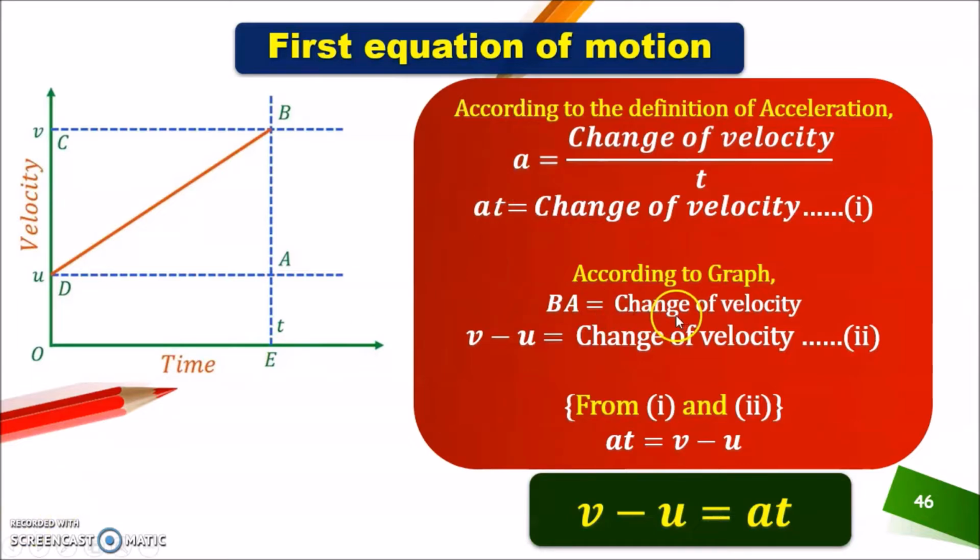And according to the graph, BA represents change of velocity. So this is our first equation and this is our second equation. From the first and second equation, if we equate these two equations, we will get at equal to v minus u, and this equation can be written as v minus u is equal to at, and this is our first equation.